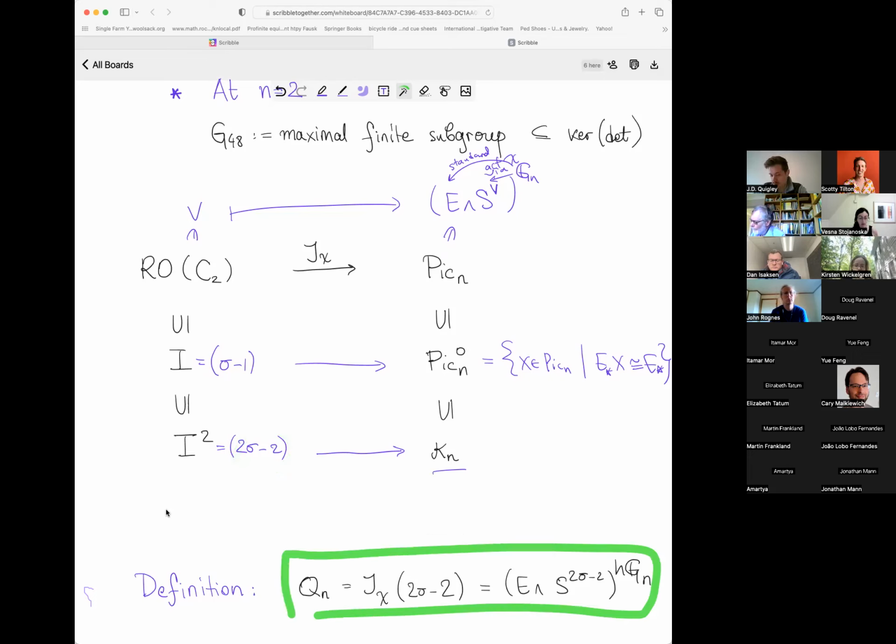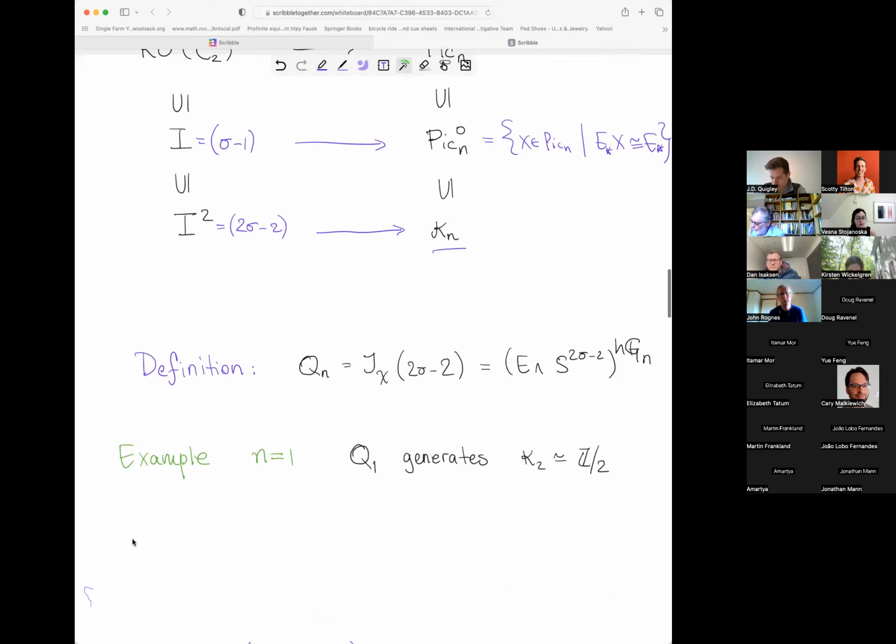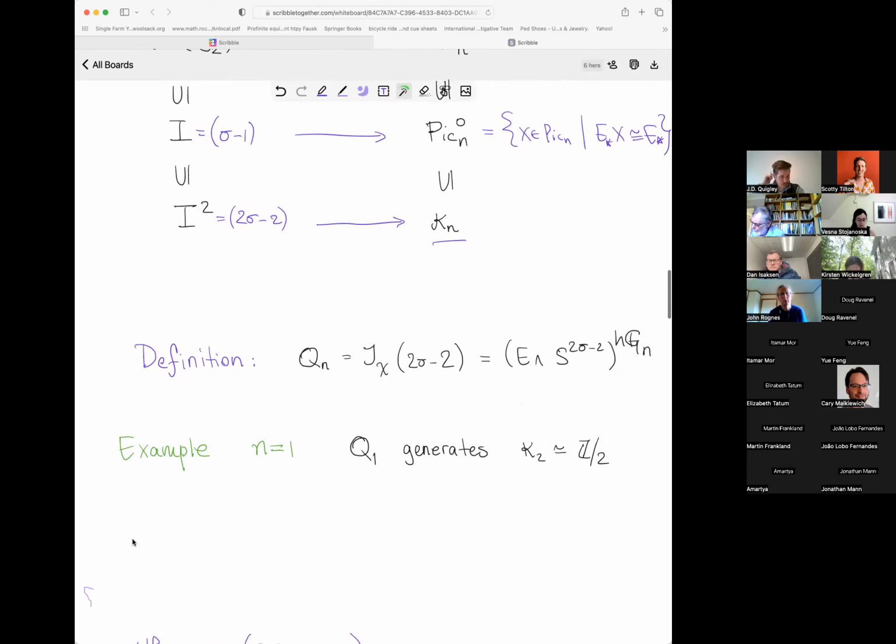Let's call that Q_n. When n equals 1, it turns out that is one way to describe the generator of kappa_1 at the prime 2.